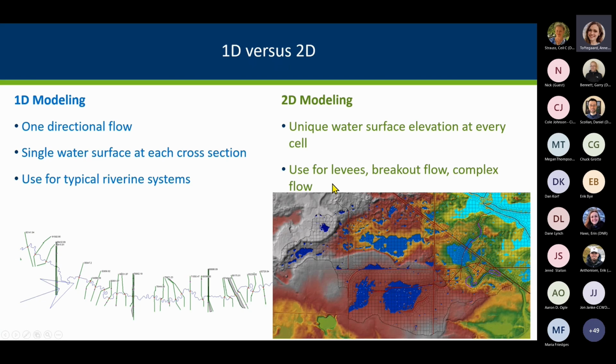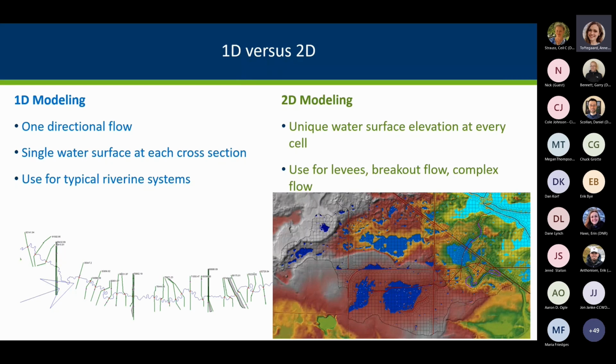There's a screenshot here on the right of a 2D model. 2D models consist of a group of cells that represent an elevation under each cell, and that group of cells is typically called a grid. In 2D models, you would apply a flow to the grid, and water is allowed to travel in any direction, depending on the elevations of those cells in the grid.